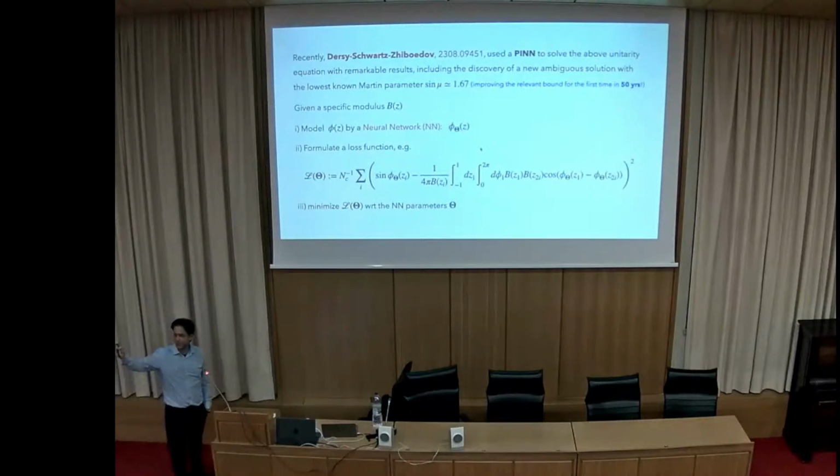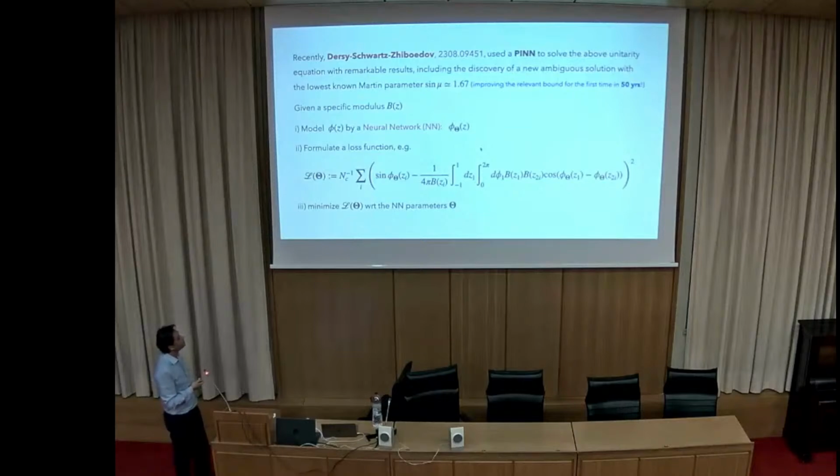You evaluate it at a number of points, so you discretize your z values. Say you take 100 values, you evaluate your error at 100 points, you square this, sum and average. Basically, you're trying to tune all these parameters theta so that this becomes very small. That's the game. It's very simple.